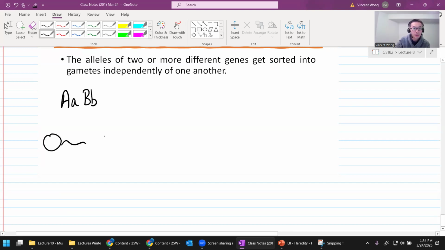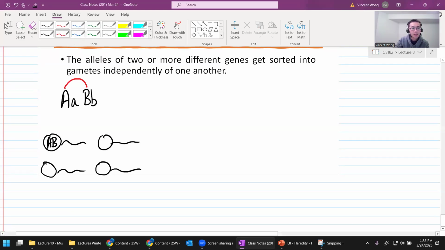Let's say we're talking about sperm here. How many different kinds of sperm can the person produce? Well, the capital A and the capital B can be together.